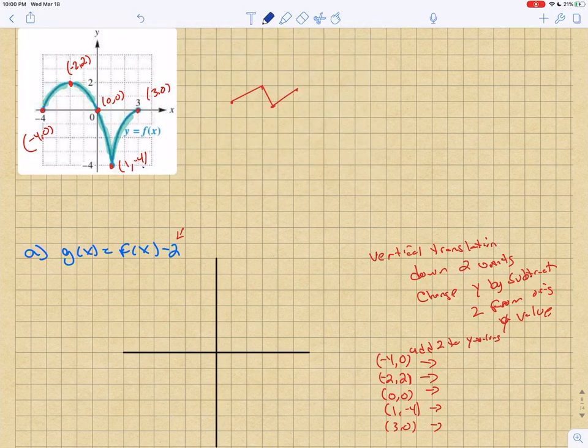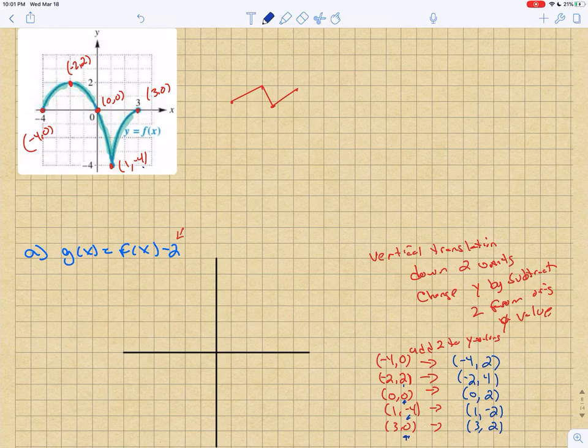So my new points, my x values are not going to be affected, but I'm going to add 2 to my y values. So 0, when I add 2 to it, it becomes 2. Here's 2, when I add to it, it becomes 4. 0, that 0 when I add to it becomes 2. -4, when I add 2 to -4, I get -2. 0, when I add 2 to that, I get 2.